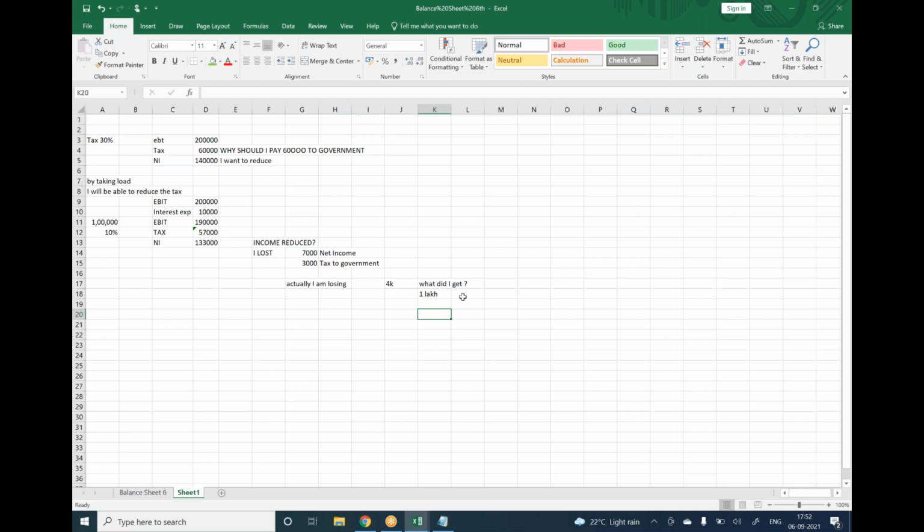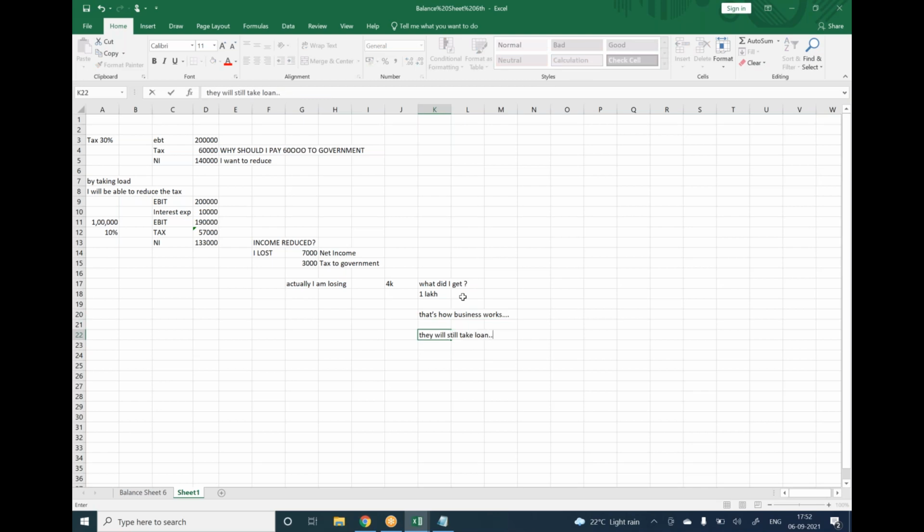If you're a business lady, would you not mind losing 4,000 when you're getting 1 lakh from the bank? That's how business works, my friends. So even if you are cash rich, they will still take a loan.